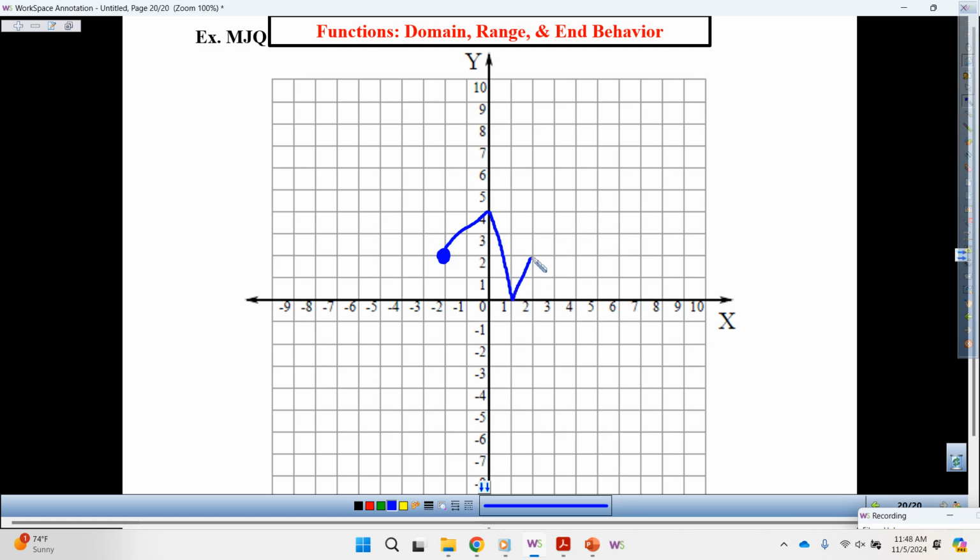It's one of those weird ships that they send. Let me fix that last point. Hold on. There it is.